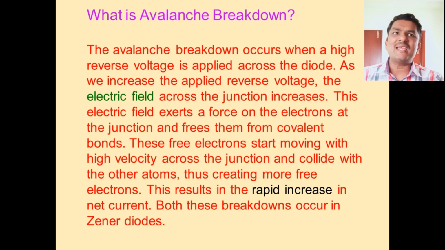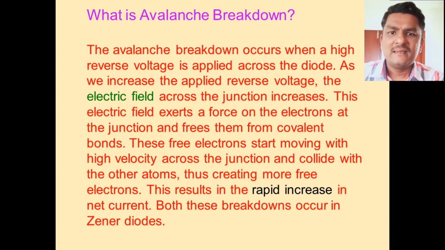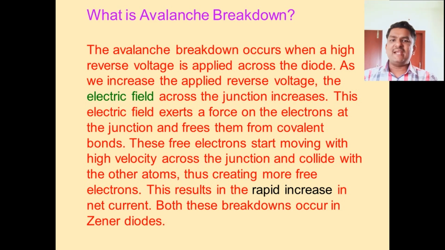What is Avalanche breakdown? Avalanche breakdown occurs when a very high reverse voltage is applied across the diode. As we increase the applied reverse voltage, the electric field across the junction increases.